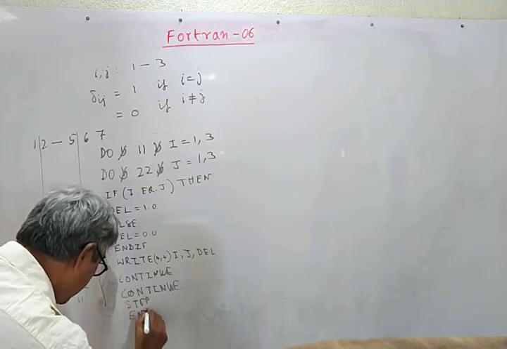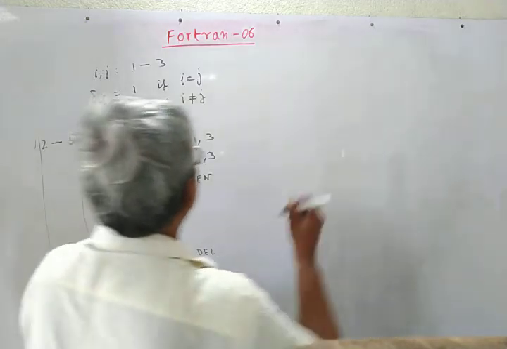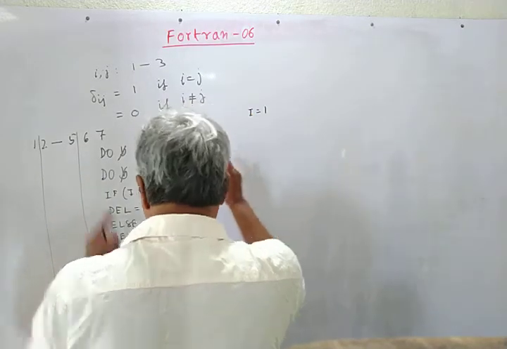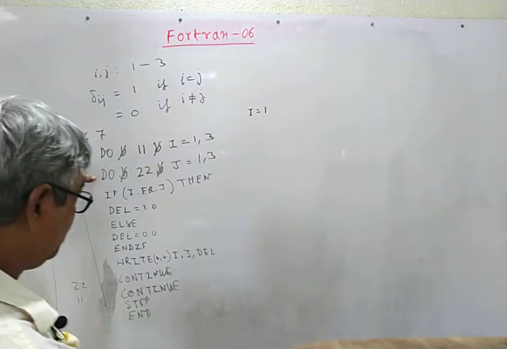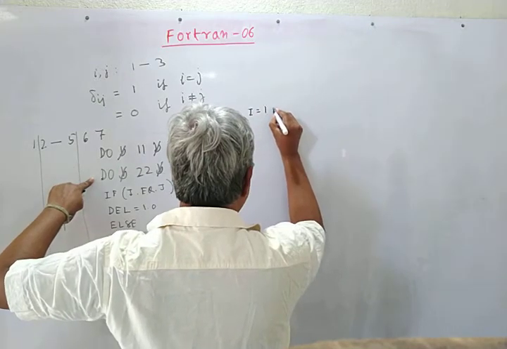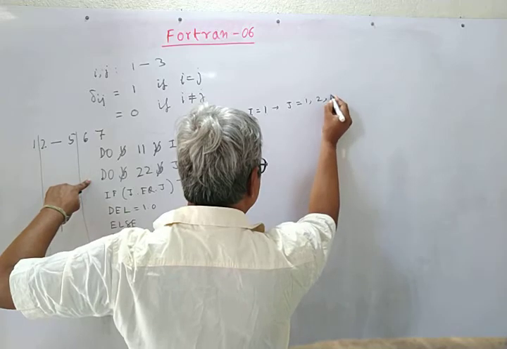Let me explain how the program works. First it takes the value of i is equal to 1. So in the first step, it assumes the value of i is equal to 1. Within this, it then takes the value of j, first 1. So within this, j assumes the values 1, 2, 3.